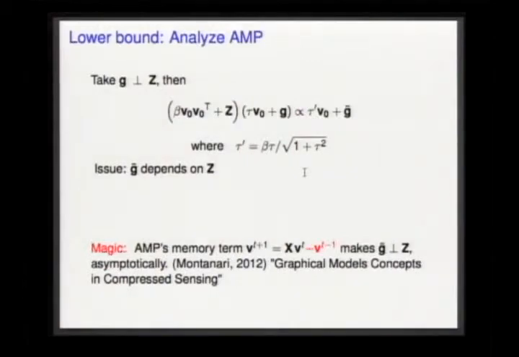But basically, what is proved in our paper is that when n gets large, the noise of the vector after hitting the input vector with the matrix is going to be independent from the noise of the matrix. Okay, so this is the effect of the memory term. I'm not going to go into the technical details of this. I'm not going to prove that, but just admit for the moment that it's true.